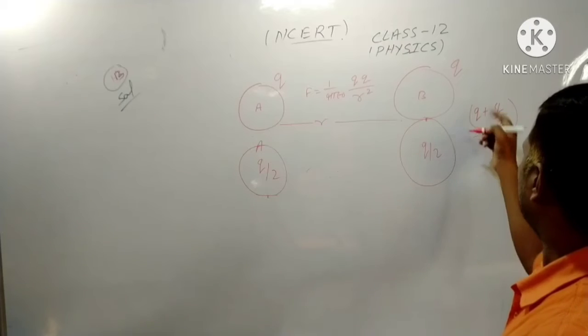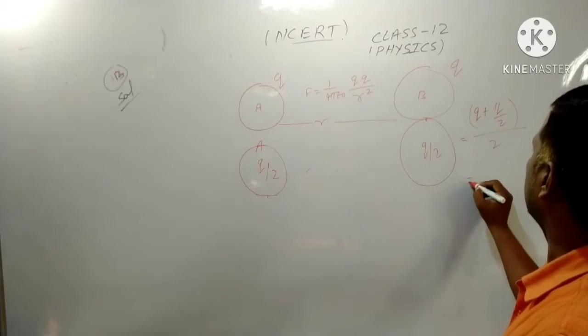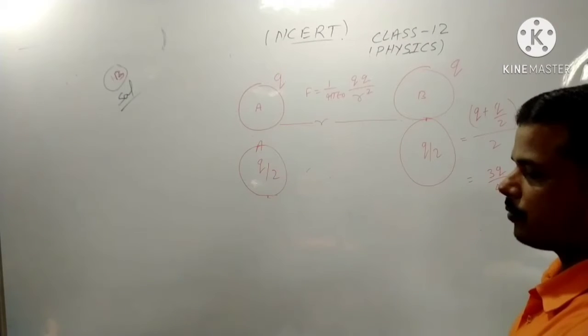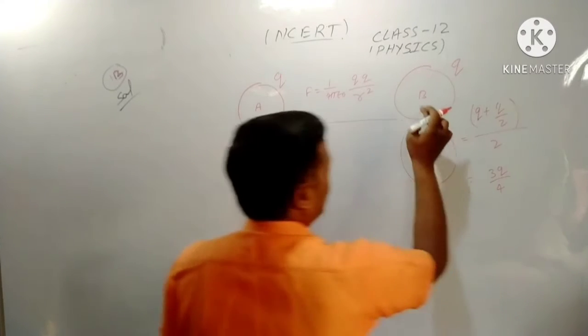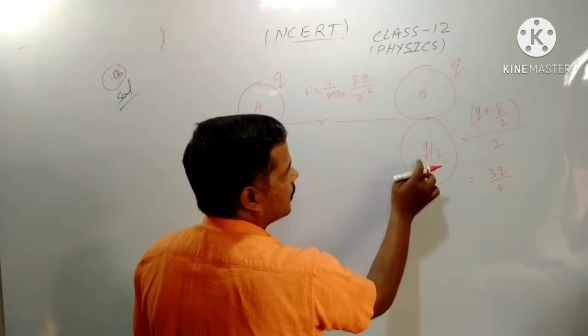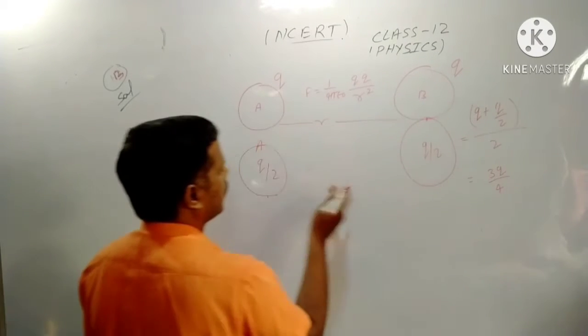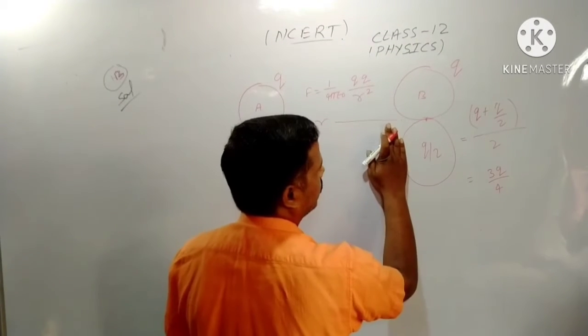It means it will be 3Q by 4. It means spheres B and C have charge 3Q by 4.